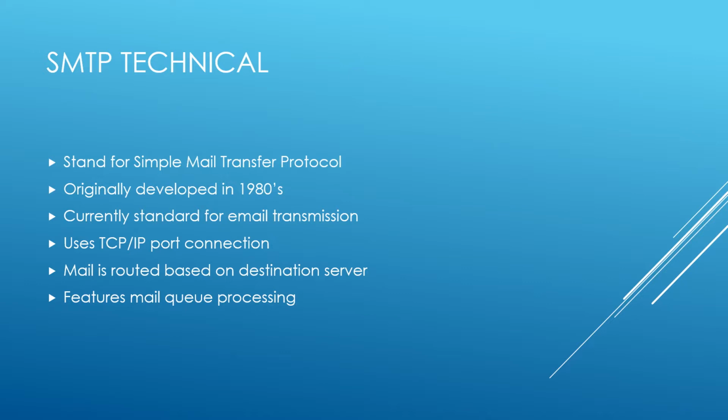This is because it works within applications such as email clients. SMTP was created by the Internet Engineering Task Force, or the IETF for short. It is also known as RFC 821 and RFC 2821.